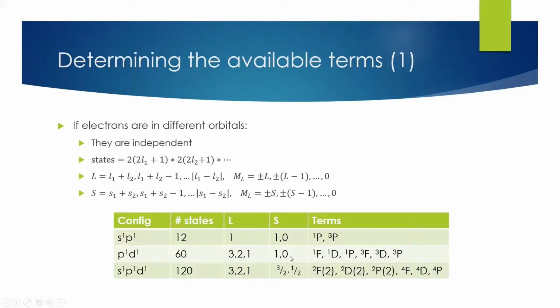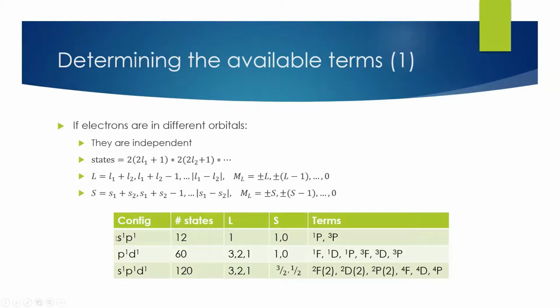And we do the same thing for spin. Here, S is 1 or 0 because we have 2 electrons, so they can either be both spin up or opposite. Here we have 3 halves and then 1 half as we descend in steps of 1. Then the terms are just the combination of all of the possibilities.